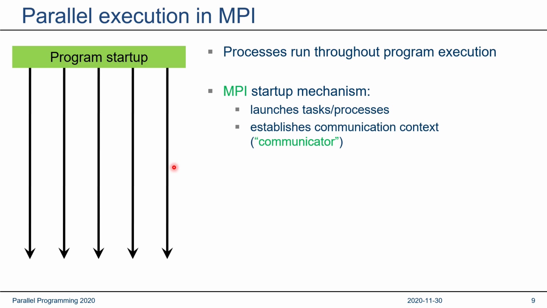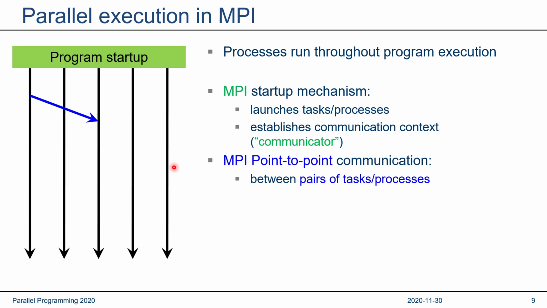The MPI startup mechanism, so how the processes are launched and connected to each other so that they know they're part of an MPI program, establishes a kind of context between those processes. And this context is called a communicator. A communicator is something that we will come across very often in this course, so we'll deal with that a lot.